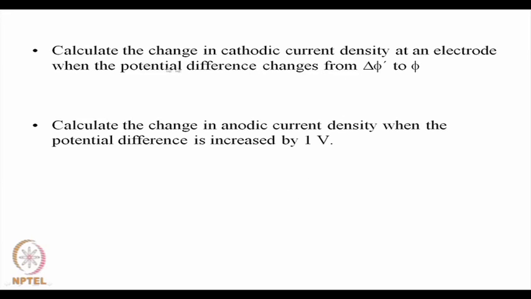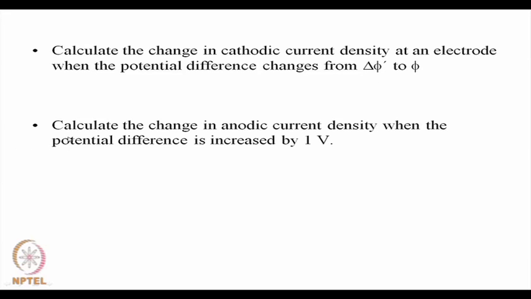If the value of your potential difference changes from delta phi prime to unprimed, you just try to find out the value corresponding to primed and the one corresponding to unprimed, and you should be able to have some idea of what is going on in the cathodic current when it is changing from one value to another.